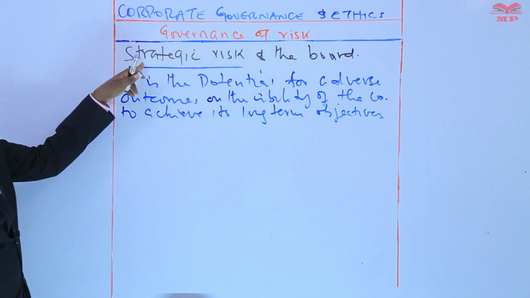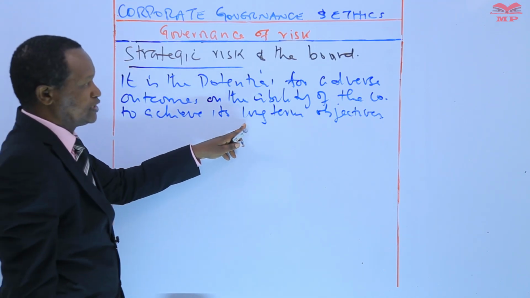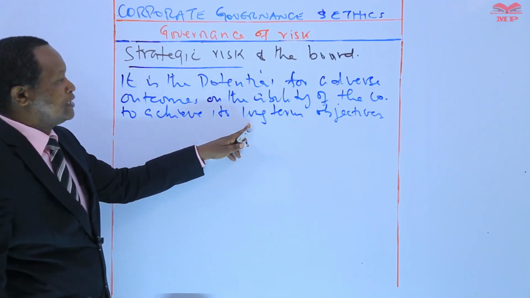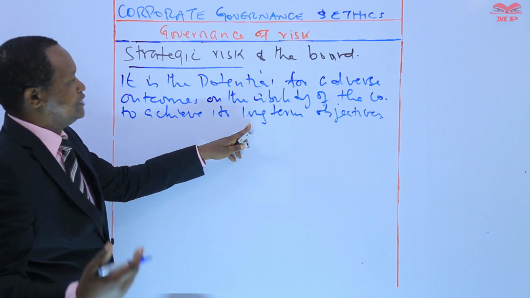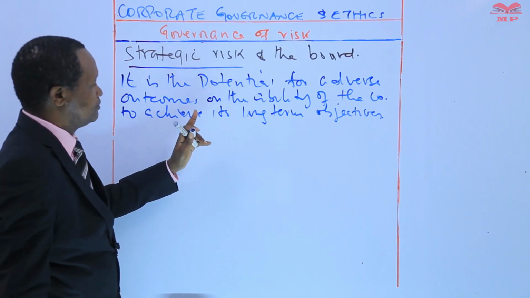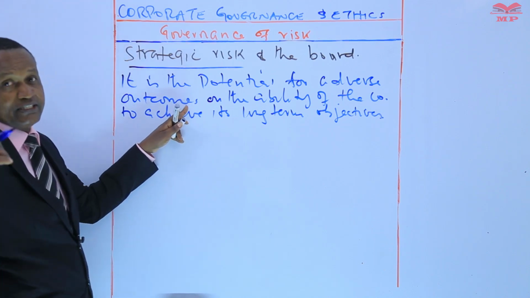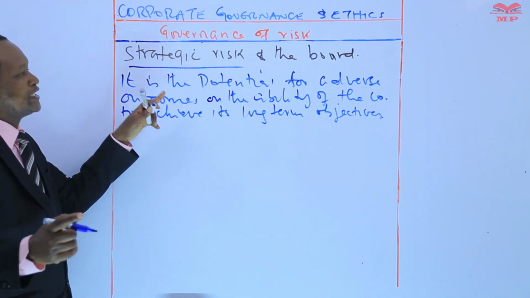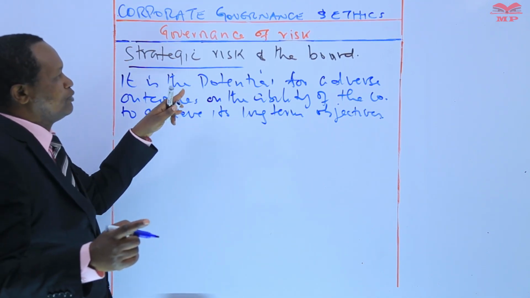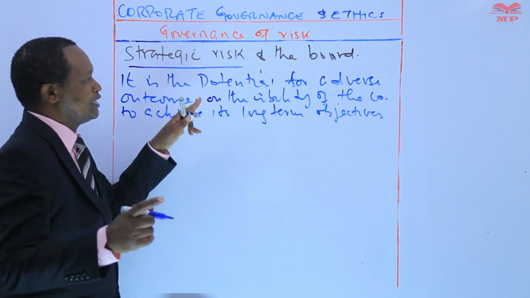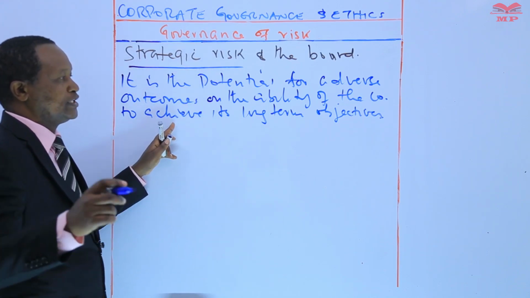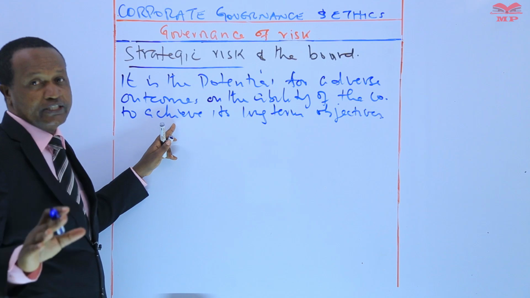Because of the word strategic, we have to bring in the aspect of long-term objectives. Generally speaking, risk is the potential for adverse outcomes. But here we are referring to strategic risk, which is the potential for adverse outcomes on the ability of the company to achieve its long-term objectives.